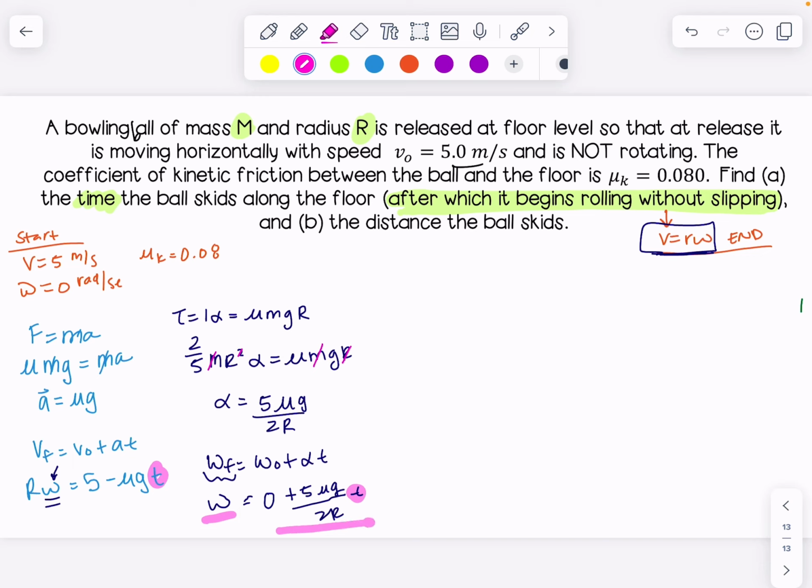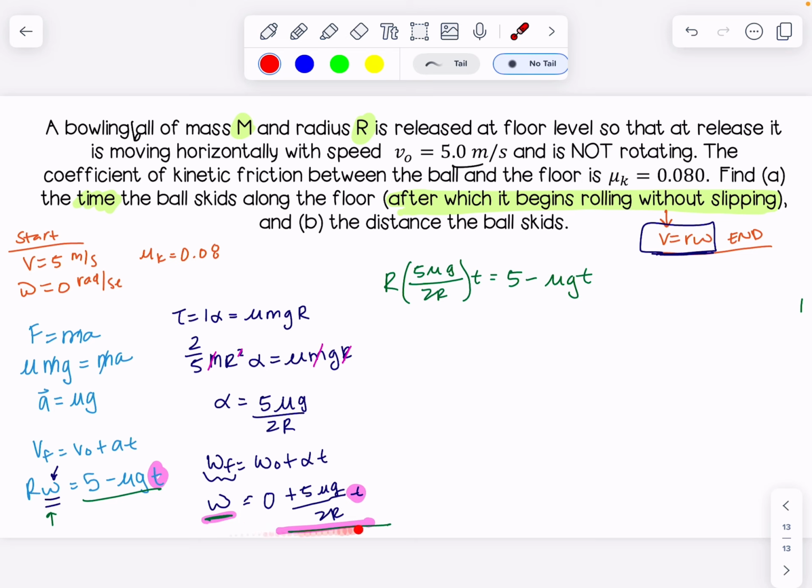I'm ready to substitute it in. So now I'm going to take this phrase and substitute it in here. So I'm going to get R instead of omega. I'm going to write 5 mu g over 2r t is equal to 5 minus mu g t.